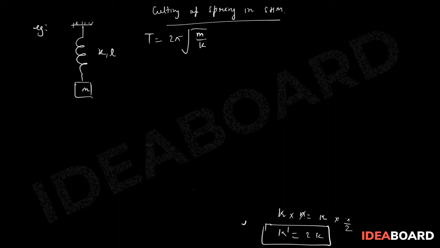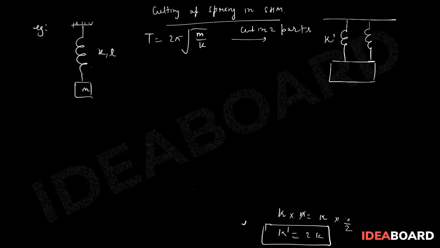Now suppose the condition is that this spring is cut into two parts, as per the previous example, and then these two parts are connected in parallel. So the spring constant was K dash, and these two parts are connected in parallel, and the same block is connected like this.